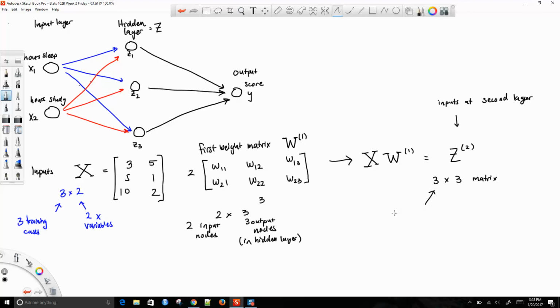This 3 represents our 3 training cases, and this 3 represents the 3 nodes at the hidden layer. So our training data, x1 and x2, has been turned into inputs at the hidden layer.